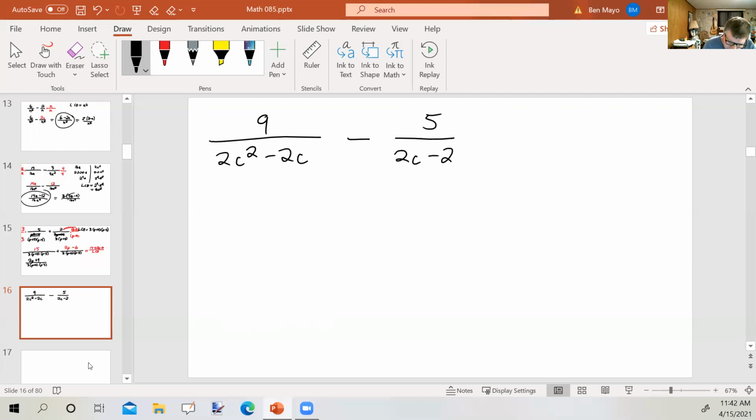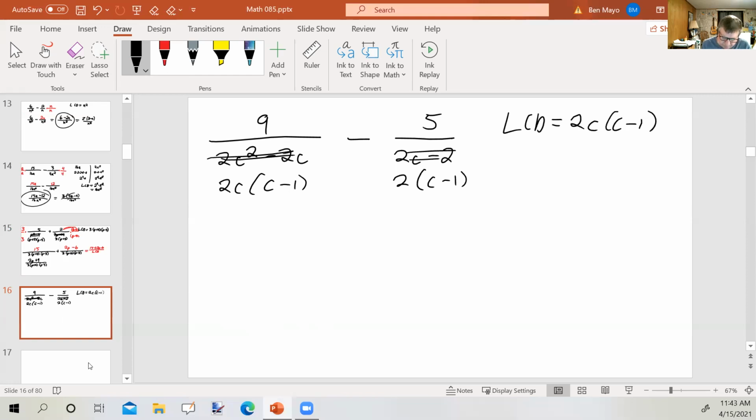Let's see, 2c squared minus 2c, I can factor out a 2c and get a c minus 1. 2c minus 2, I can factor out a 2 and get 2 times c minus 1. All right. So the least common denominator would be 2c times c minus 1.